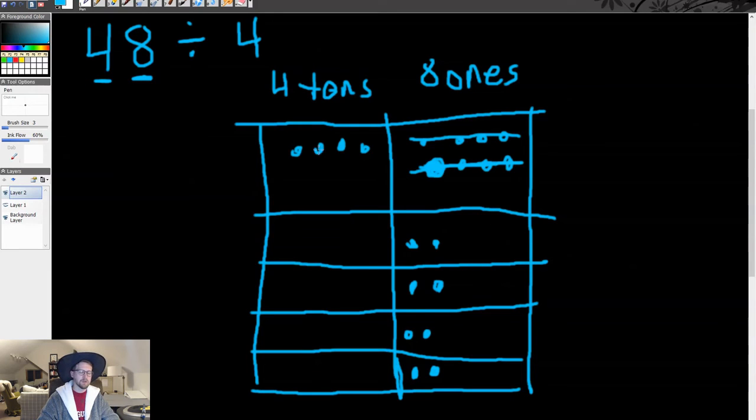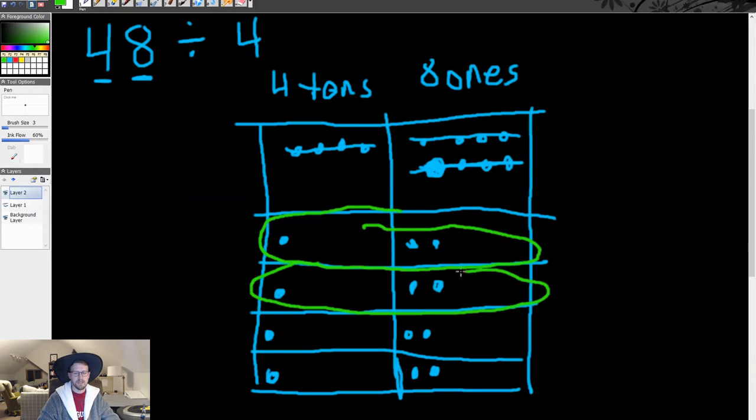So now we're going to move over to our tens. Well, there's 4 groups, and I have 4 tens. So I know I'm just going to go 1, 2, 3, 4. Okay, mark those out. Now my answer, the quotient, is how much did each group get? Or if we're thinking about dividing it up among people, how much did each person get? How much is in each group?